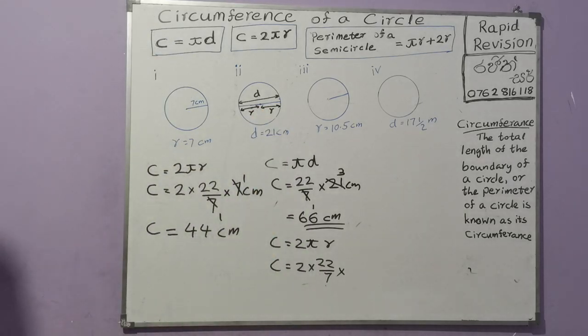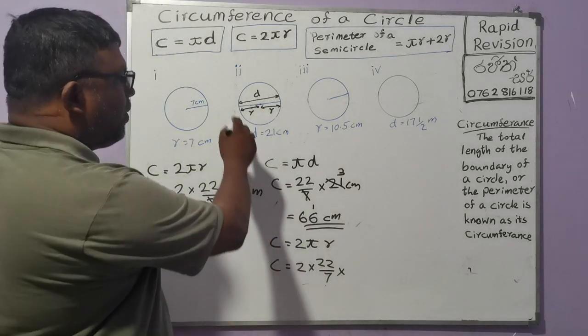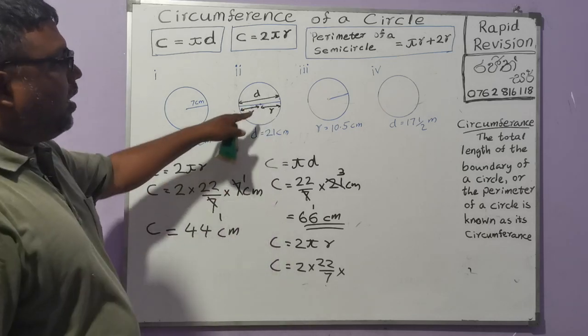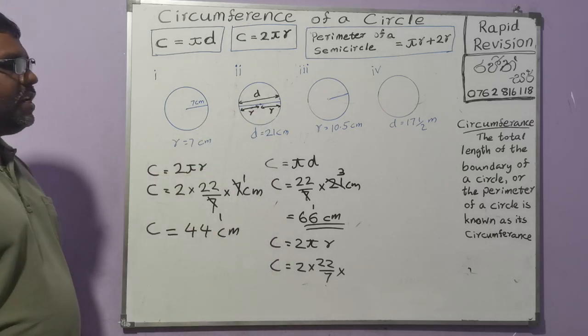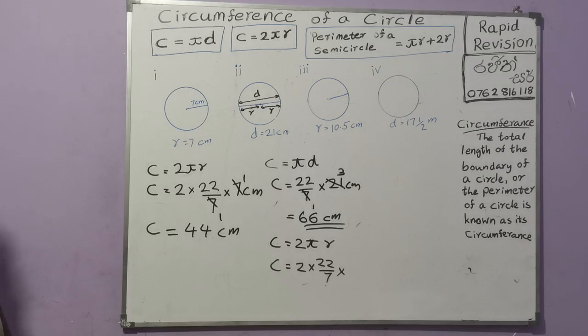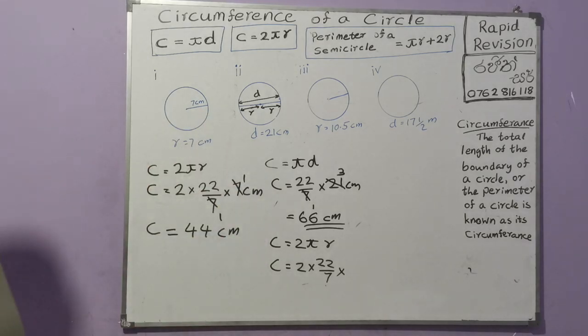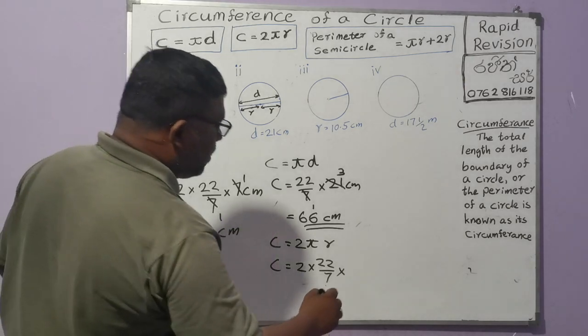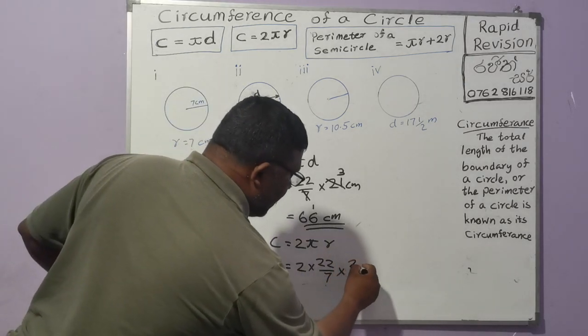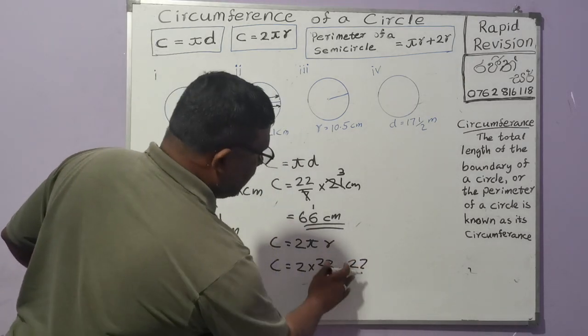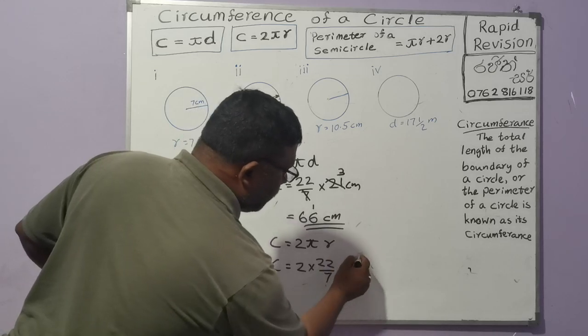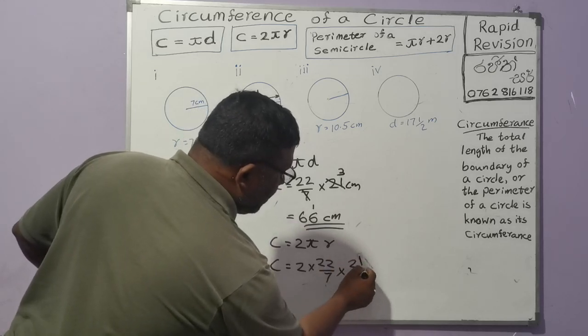Therefore, the diameter is 2r. Then r is equal to d divided by 2, isn't it? Therefore, you can use 21/2.